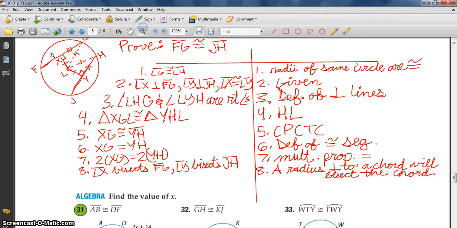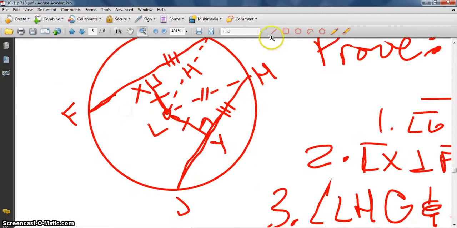Okay, so let's have a look at that. In our diagram, since we know that our radius that goes through here is perpendicular to this chord, then we know that it'll bisect. So at X, that would be the midpoint of this chord. Likewise, Y will be the midpoint of JH.